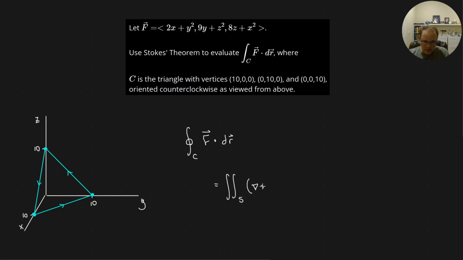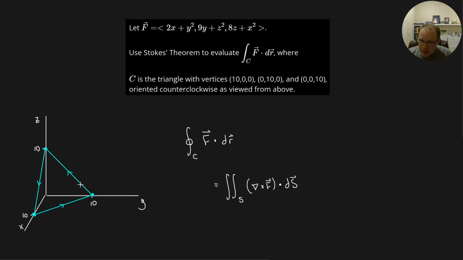And I'm going to instead find the flux of the curl of the vector field through the surface. Okay? Now, in order to do this, we need to choose a surface. One of the interesting things about Stokes' theorem is that it doesn't matter which surface you choose so long as the boundary is the curve that we started with.